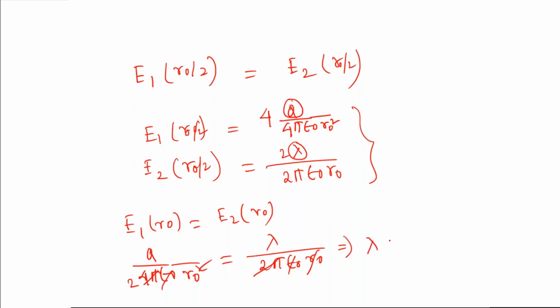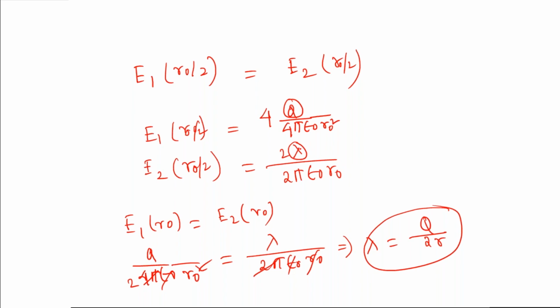If we have to have a relationship or comparison, then we must have these two in terms of Q or in terms of lambda. It is easy to find lambda, so I'm replacing lambda with this Q by 2R0. This 2Q, already 2 was there.